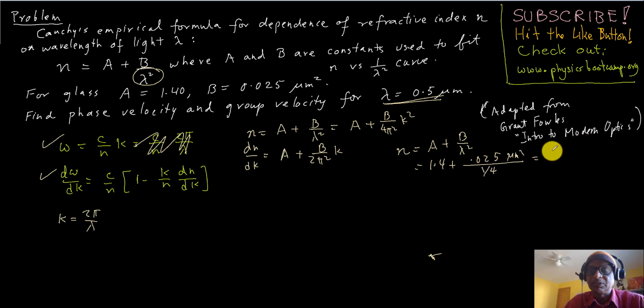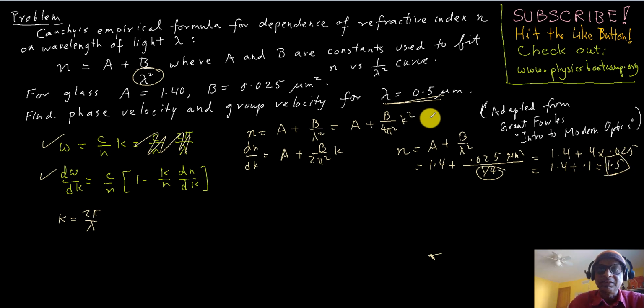So that's going to be 1.4 plus 4 times 0.025, which is 1.4 plus 0.1, which is 1.5. So that's the refractive index at that wavelength. If the wavelength was different, we would get a different refractive index. So we got n. We need k. So k is 2 pi over 0.5, so 4 pi, in inverse micrometer.